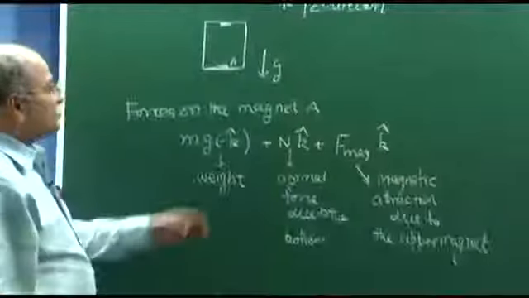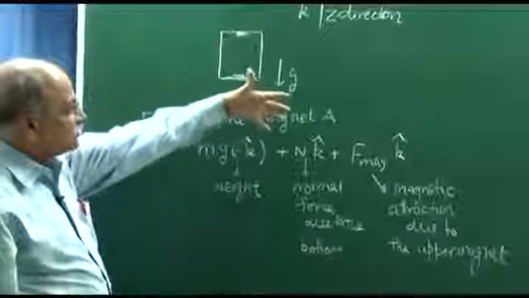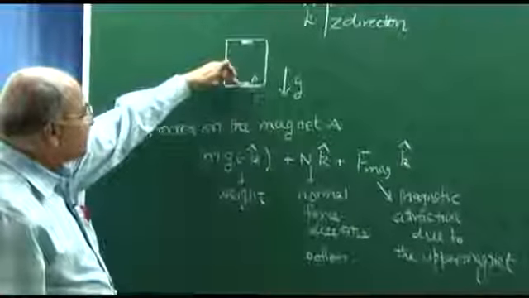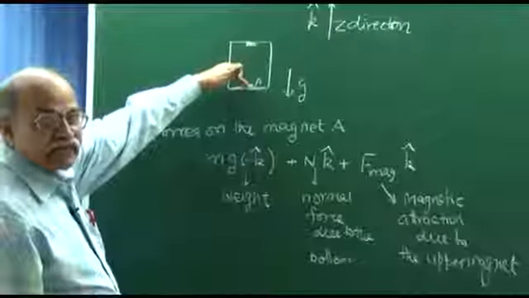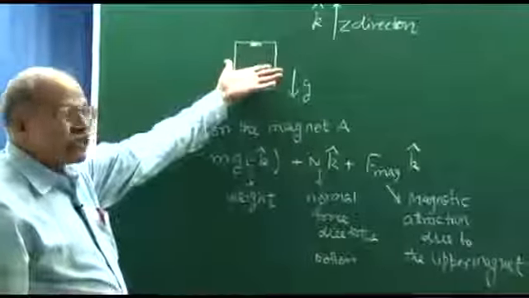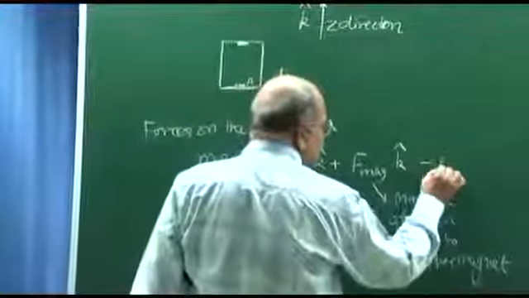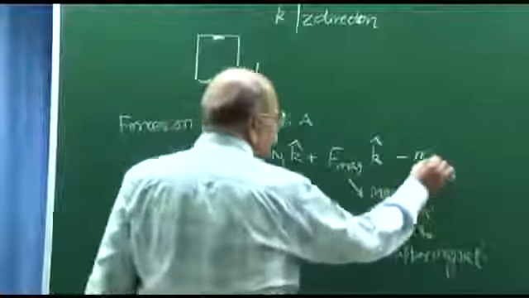And since we are using a non-inertial frame, I must apply a pseudo force also. I must write a pseudo force on this A, and that pseudo force will be the mass of this magnet, the object, multiplied by the acceleration of the frame with a minus sign. So it is minus mass of the magnet, and the acceleration of the box is g in downward direction.